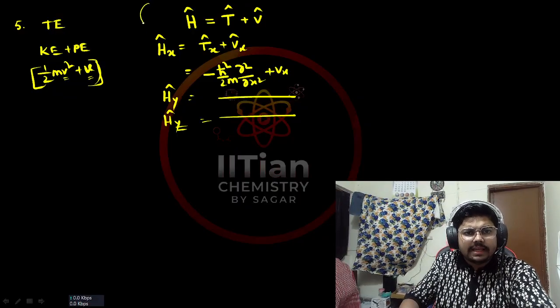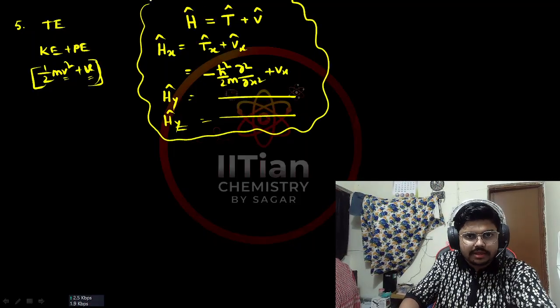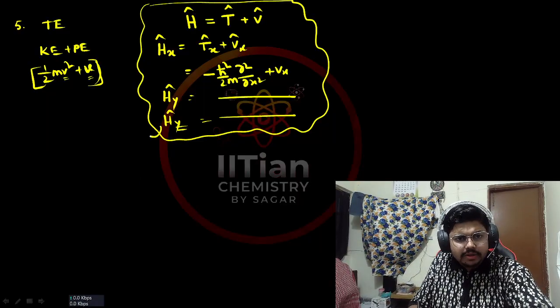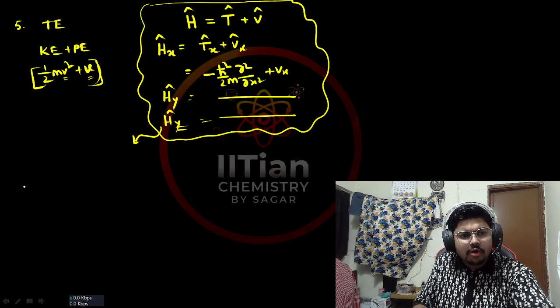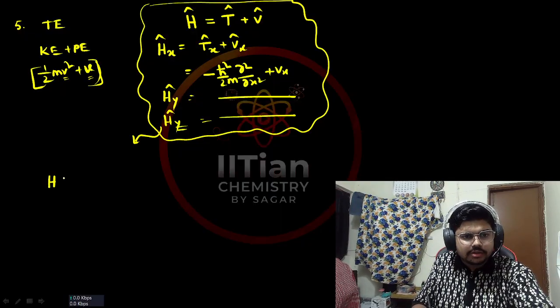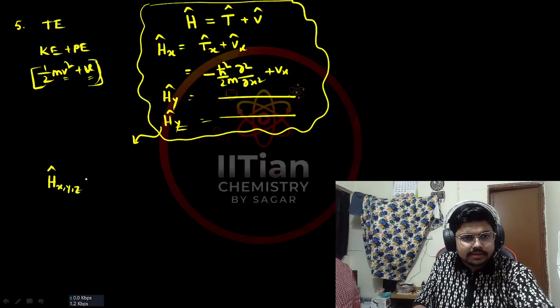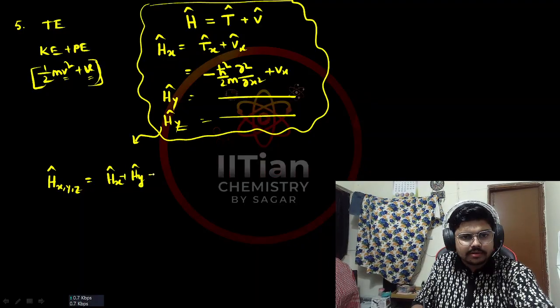Now, if the particle is moving along all directions, it will have components in all directions. That means if the particle is moving in all three directions, then the total energy will be H of x y z. This is basically the summation of Hx plus Hy plus Hz.